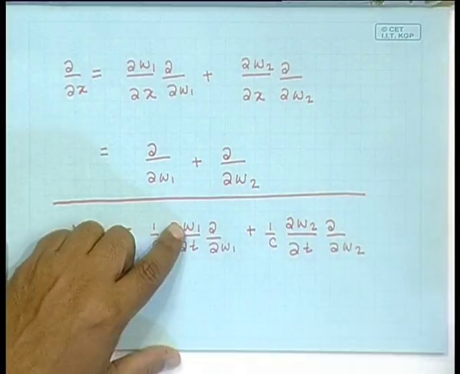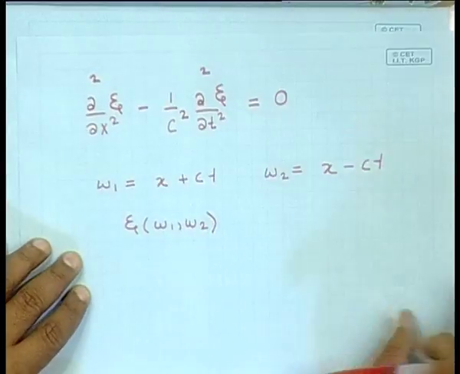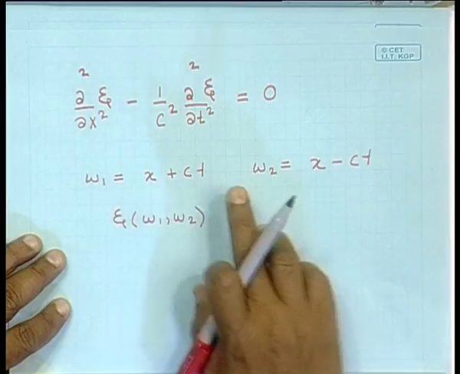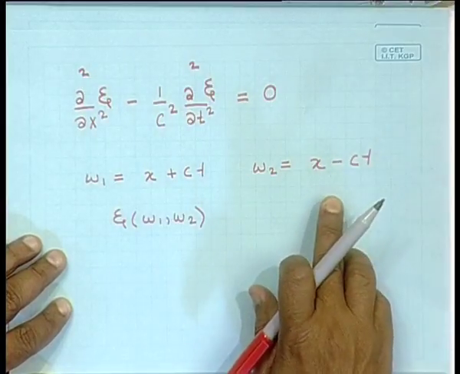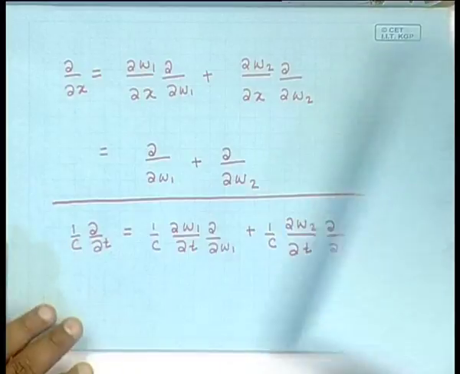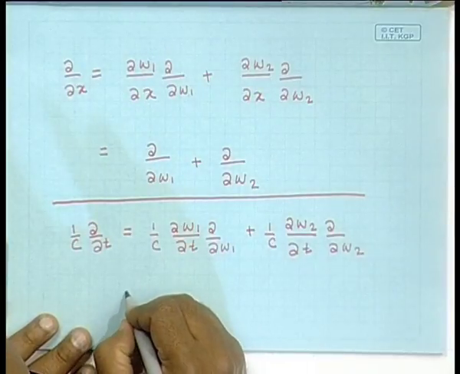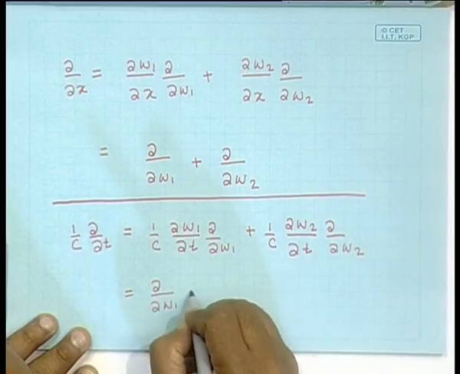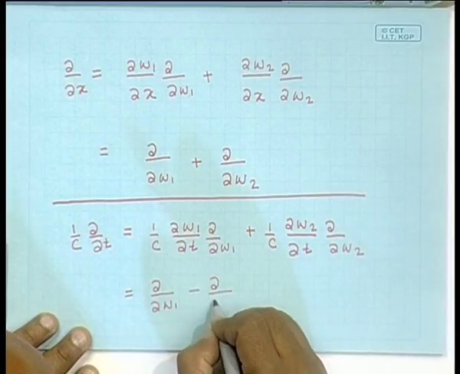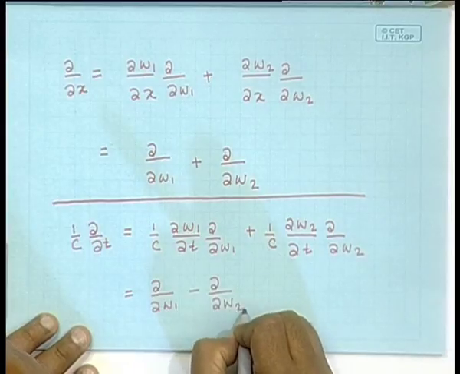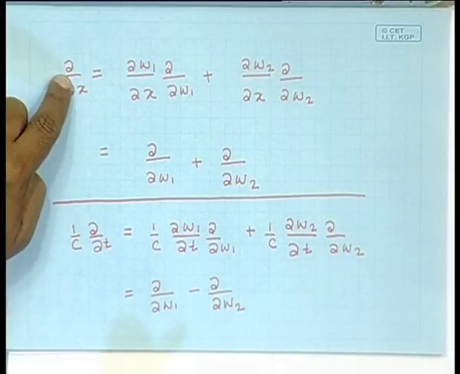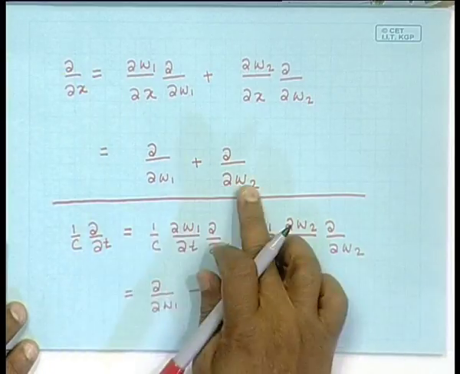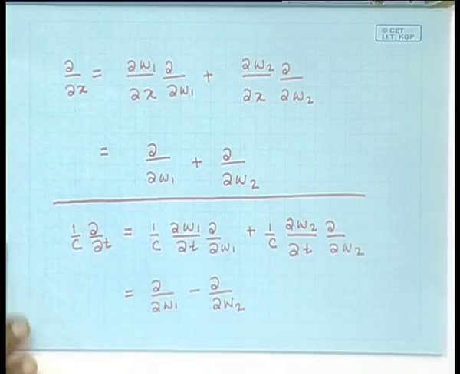So we have to calculate this partial derivative first. When I differentiate w1 with respect to t and divide by c, I get plus 1. If I differentiate w2 with respect to t and divide by c, I will get minus 1. So we see that 1 by c del by del t is equal to del by del w1 minus del by del w2. So we have worked out the derivatives with respect to x and t in terms of derivatives with respect to the new variables w1 and w2.